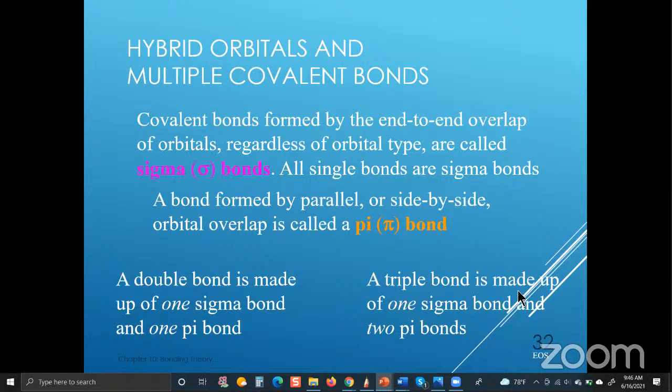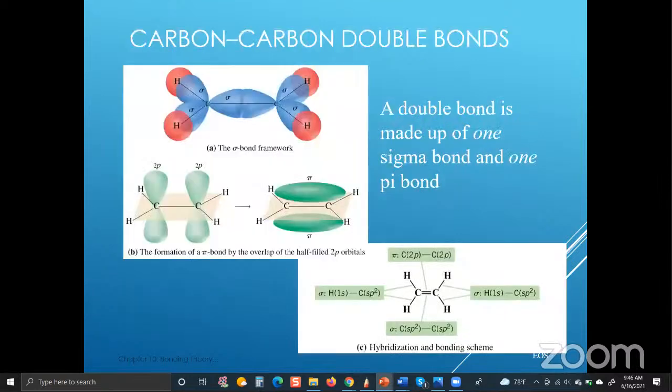And a triple bond is made up of one sigma and two pi bonds. The sigma bond is formed as a result of an end-to-end overlap, and the two pi bonds are formed as a result of a parallel overlap of two sets of p orbitals. I think the next slide will show us a picture of what we're talking about here.